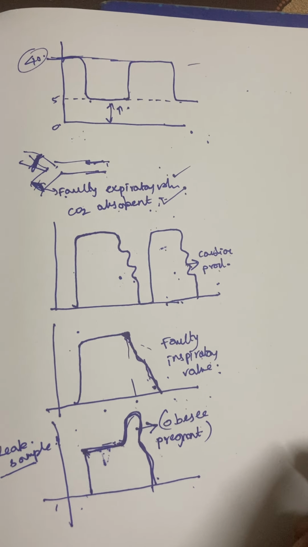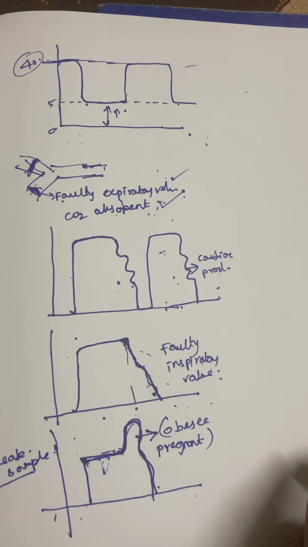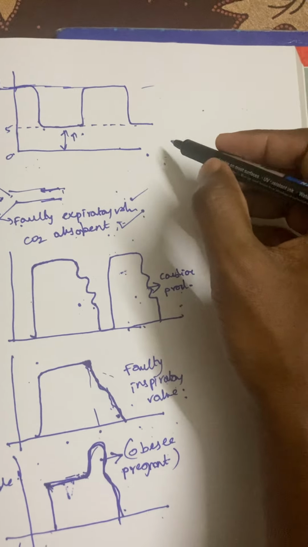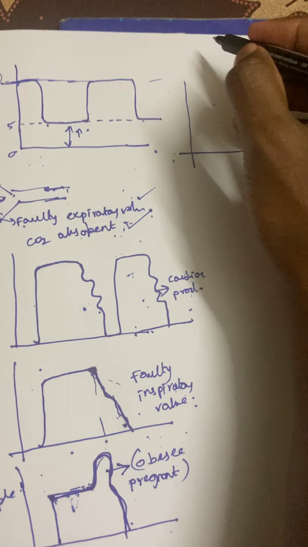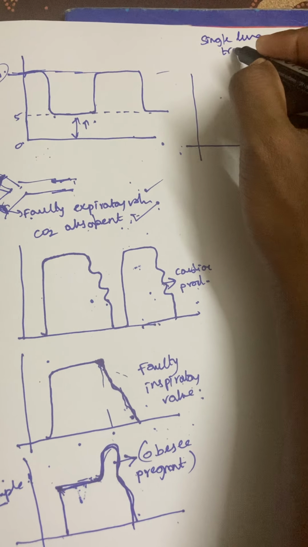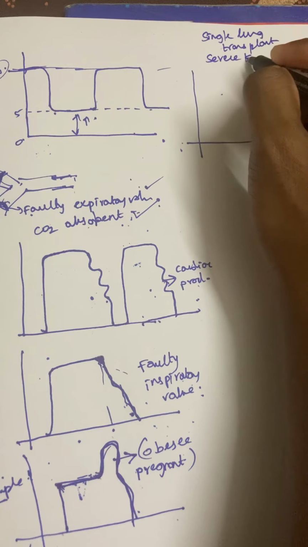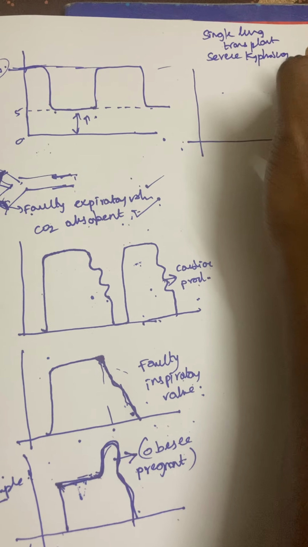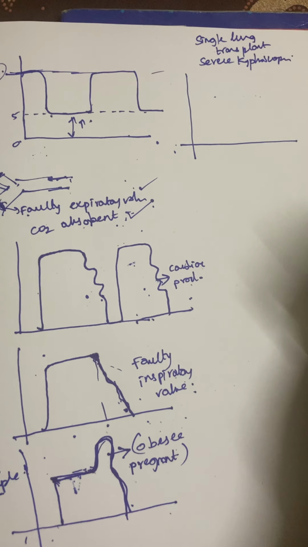So today we have discussed the majority of things, the different types. Another important EtCO2 waveform I missed is when the patient has a single lung transplant or severe kyphoscoliosis. In this condition there will be two lungs, one normal and the other a diseased lung.